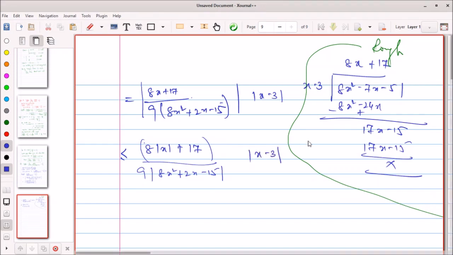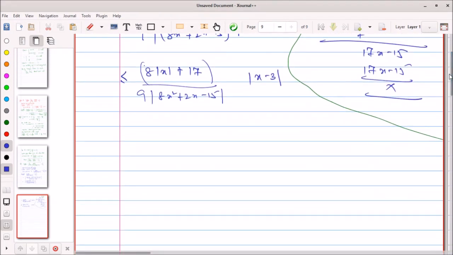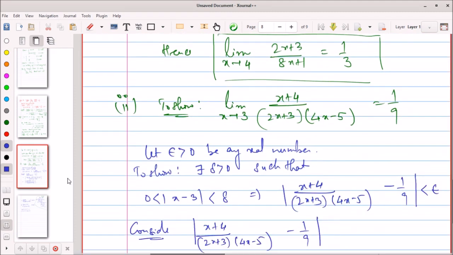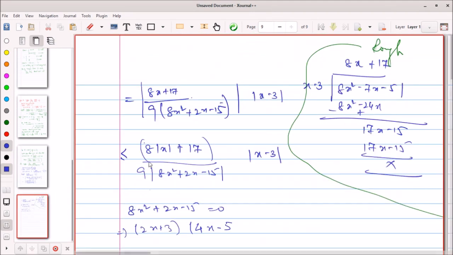X minus 3. So now, we need to put some bound on this, but for that we have to equate the denominator to 0. So 8x square plus 2x minus 15 equal to 0 implies (2x plus 3)(4x minus 5) is equal to 0.